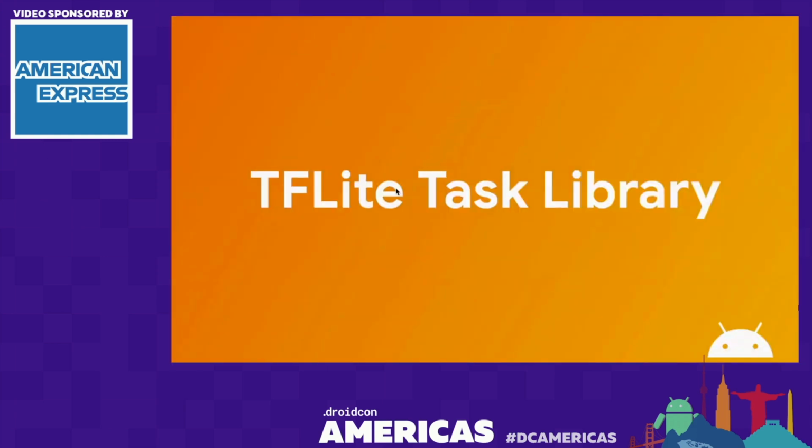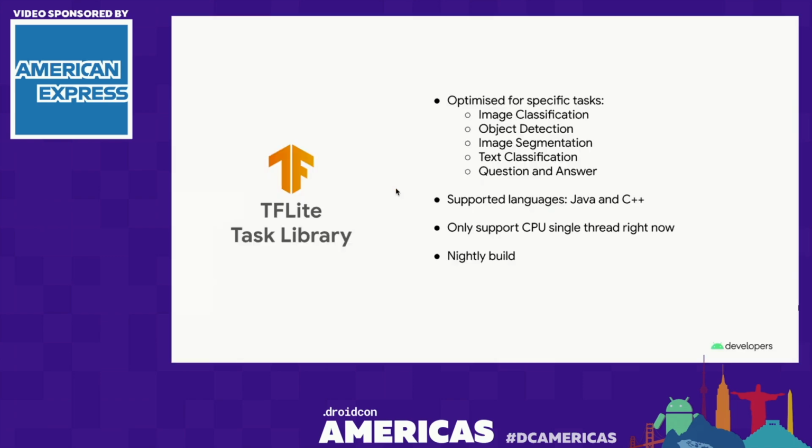Next is the TF-Lite task library. This is something that we only recently launched in late summer, where you can use it for a bunch of specific tasks, including image classification, but also other things like text classification and question and answer.